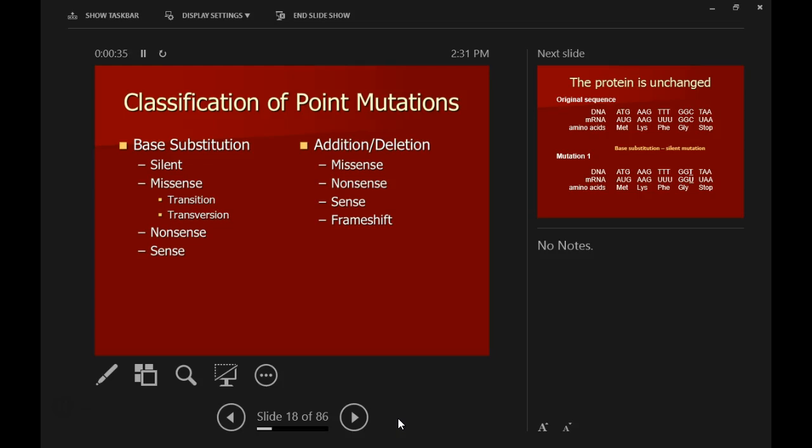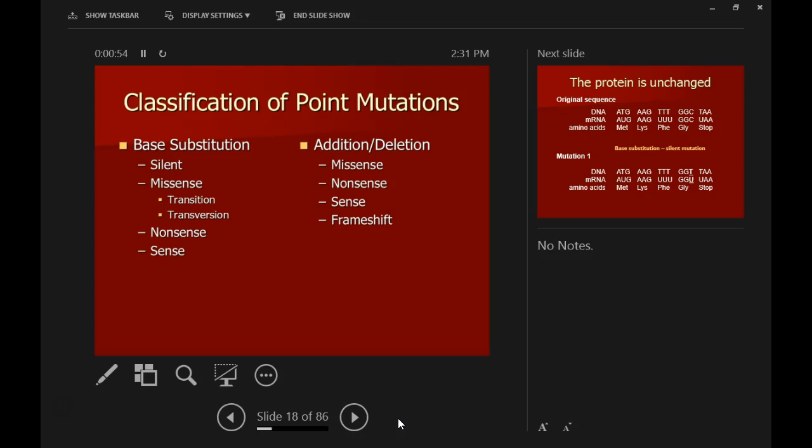All right. We also talked about how we can subdivide those into some other classifications. And I'm going to give you examples of each one of these as we go along. So we're going to begin with a little DNA segment.